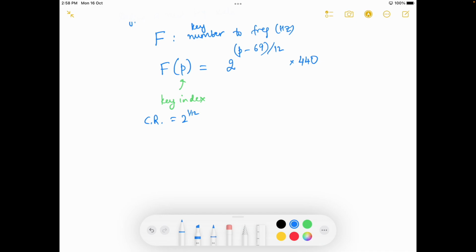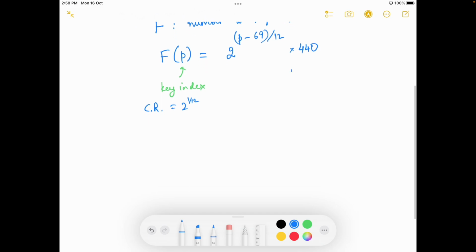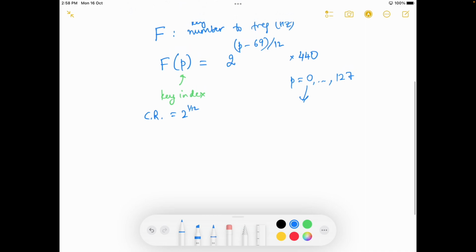Now, generally we are not interested in very high or very low frequencies, so we limit our p. We say p varies from 0 to 127. At p equal to 0, what is the frequency?